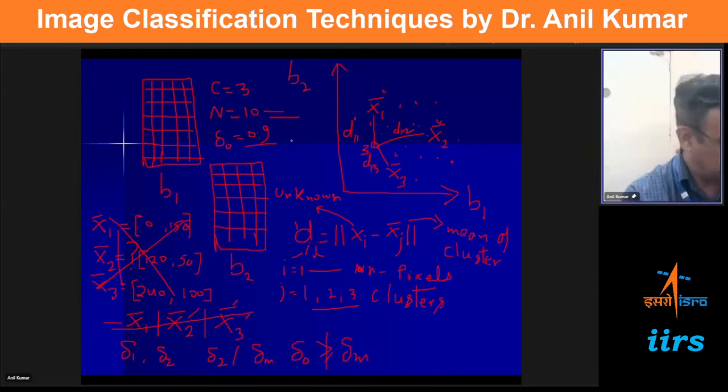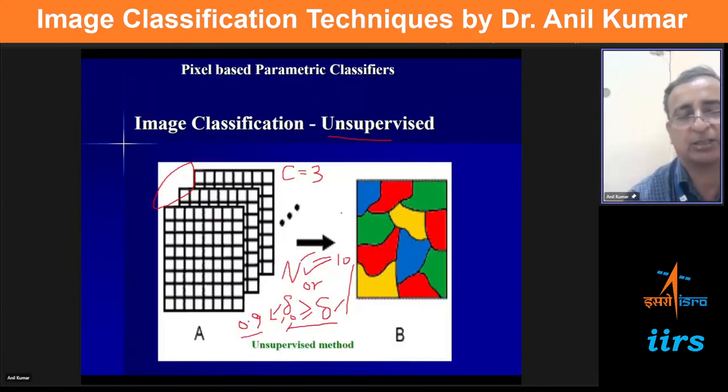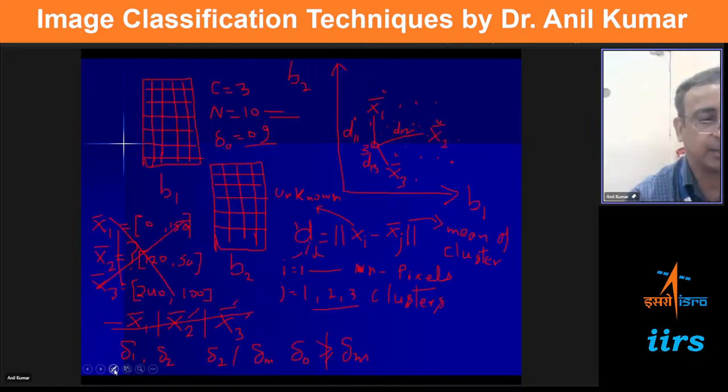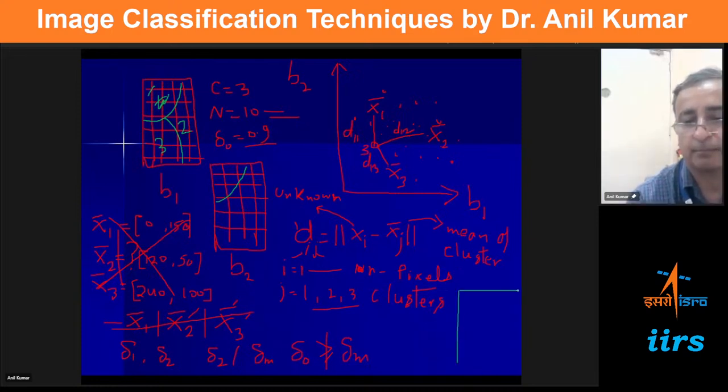Then you will get a few pixels for cluster 1, a few pixels for cluster 2, and a few pixels for cluster 3. So here the output will be like this.